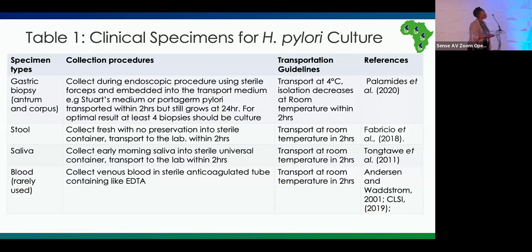Here is a table showing the different clinical specimens for the culture of H. pylori. Different specimens have been reported, like dental plaque, blood, saliva, stool, but the most suitable out of them all is a gastric biopsy, which has been reported to have a high rate of isolation during culture.